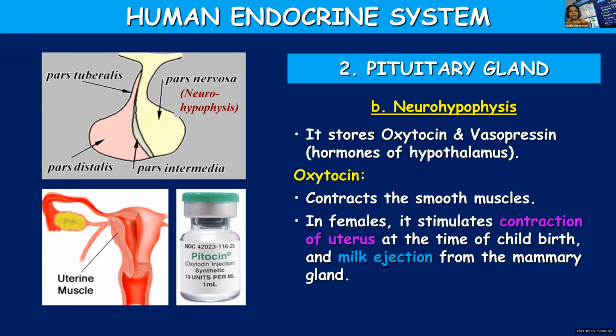When normal delivery is carried out, the baby is delivered by the contraction of the uterine muscles. This is brought about by oxytocin, and it also helps in milk ejection from the mammary glands.